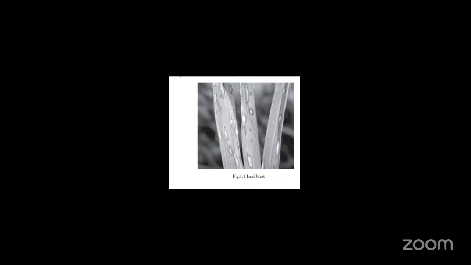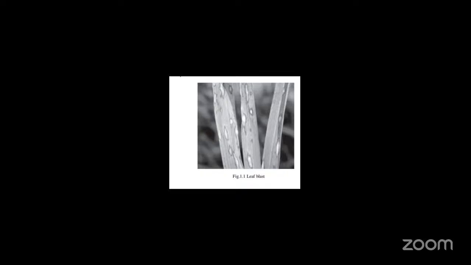So here one by one we are to discuss the classification of plant diseases, abiotic and biotic. The plant diseases may be classified into two main categories by the nature of the agents, that is, abiotic or biotic agents.